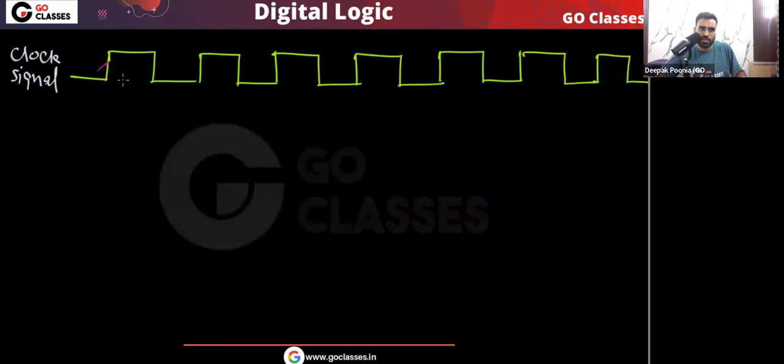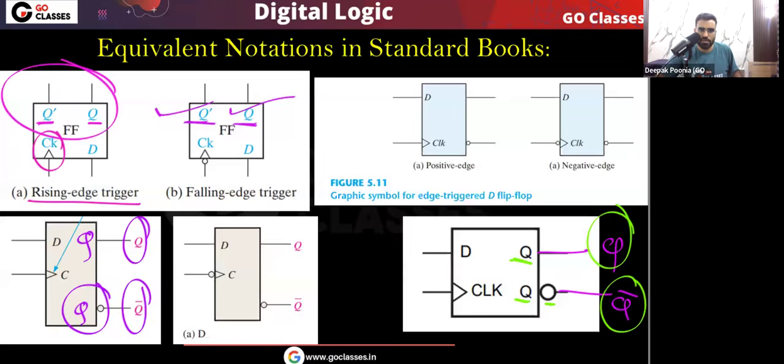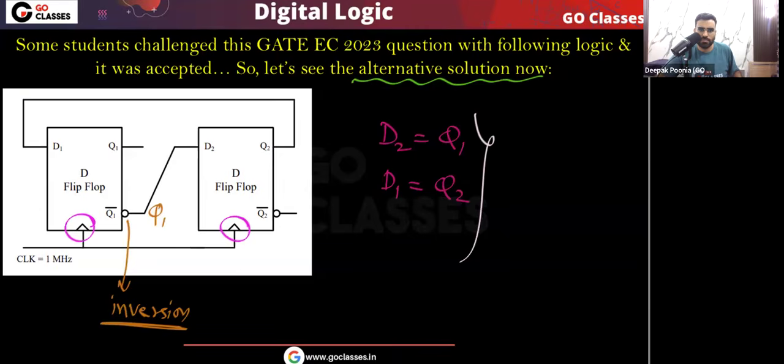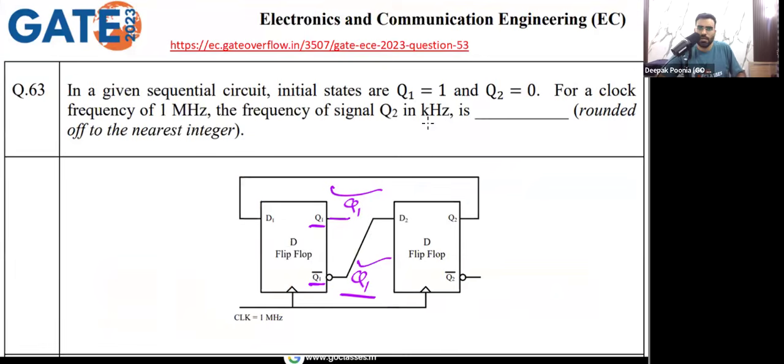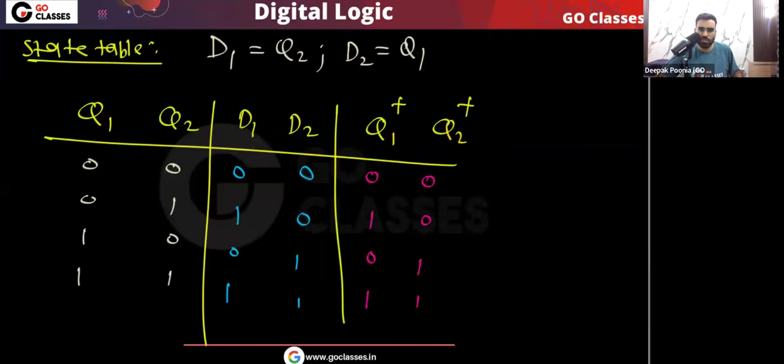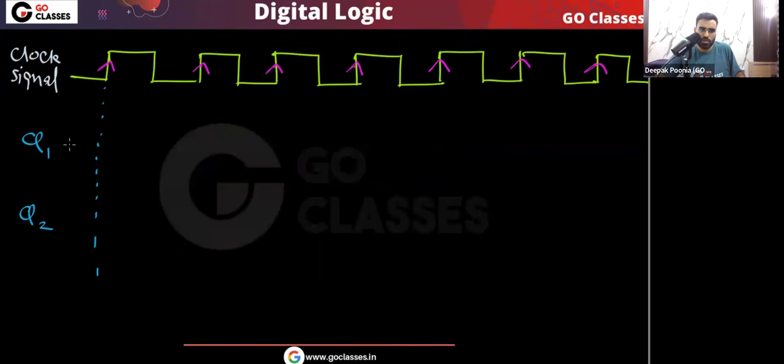So at the rising edge of the clock, the flip-flop will respond to the inputs. At all other times they remain inactive and stay in their current state. The question also says that initially q1 q2 is 1, 0, meaning q1 is 1 and q2 is 0.